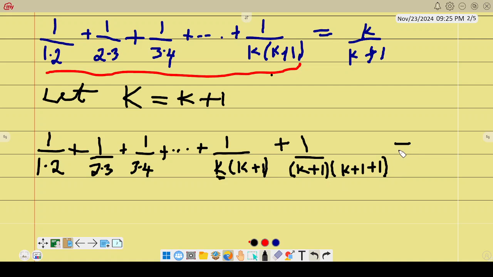So this is the right hand side. Wherever there is k, we put k plus 1. So on top we have k plus 1 over, down here, k plus 1, but since we also have another one, we write it like that.